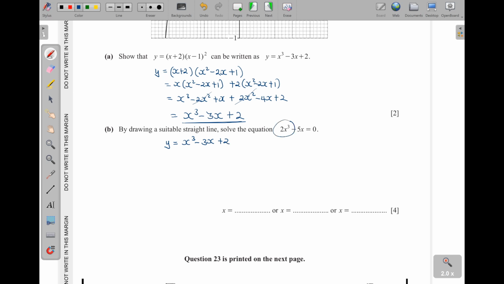We have to eliminate the x cubed. So how do we eliminate it? I will first multiply this one by 2. That means I will get 2y, which is equal to 2x cubed, then minus 6x plus 4. Then I bring this equation here, 2x cubed minus 5x. This one is equal to 0.